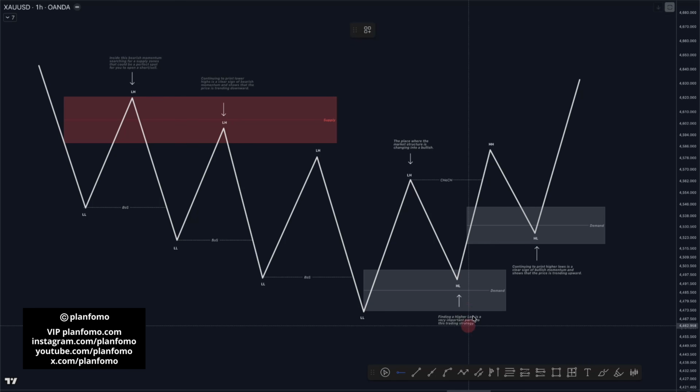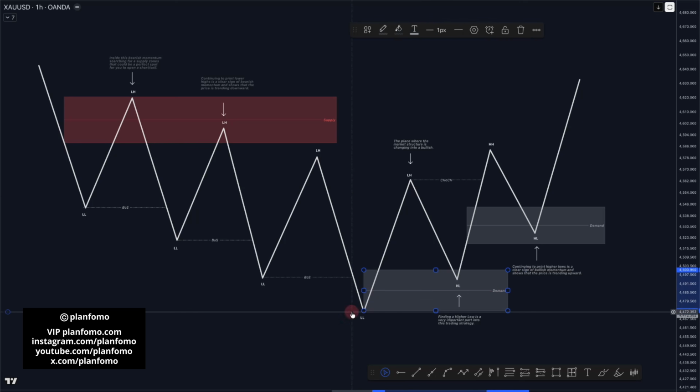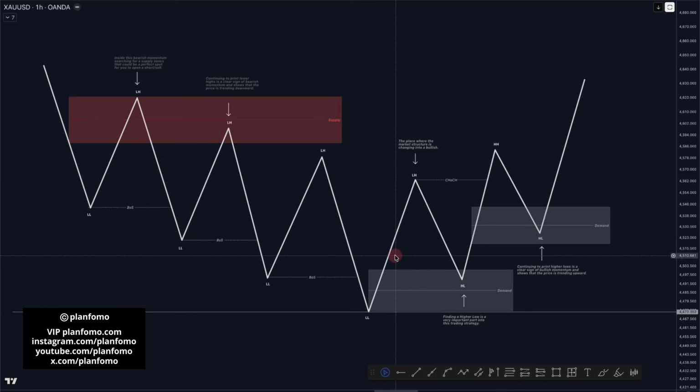There are three types of entry points inside here. Let's just imagine that we bounce back up after printing this lower low, and then we found a higher low, we found a demand, because maybe there was some kind of impulsive movement with the following impulsive candle, and we accumulated a demand zone here.